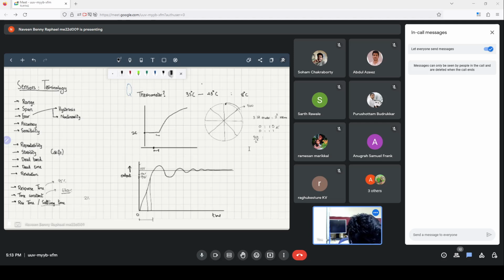While it does cross 9.8 here, this will not be the settling time. The settling time will only be around here, because only after this time is all the output always within 2% of the actual value, and this is what we'll call the settling time.